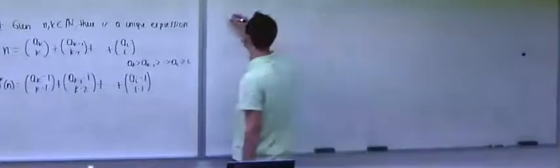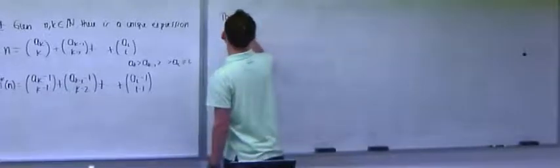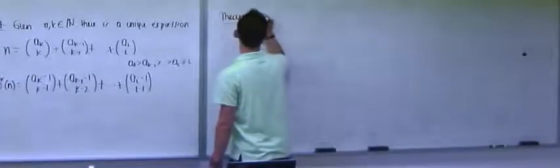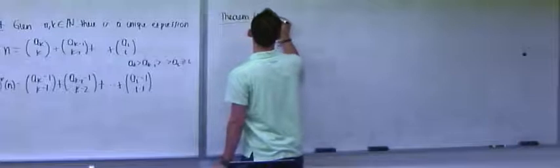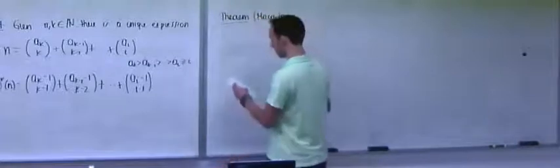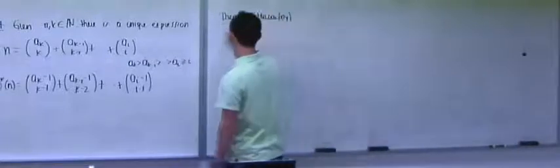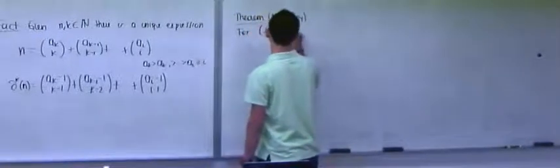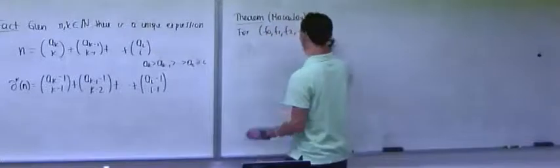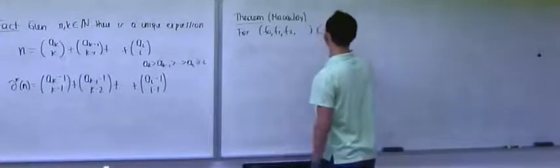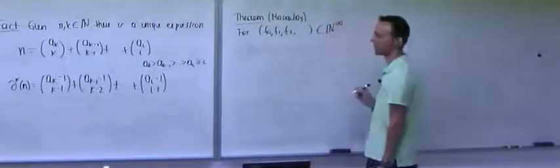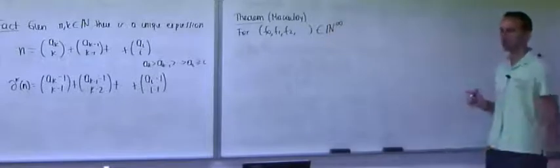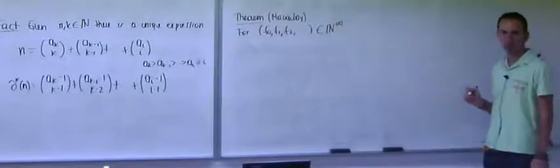So here's the theorem of Macaulay. Given a sequence f0, f1, f2, etc. of natural numbers, we want to know if this could or could not be a Hilbert function.